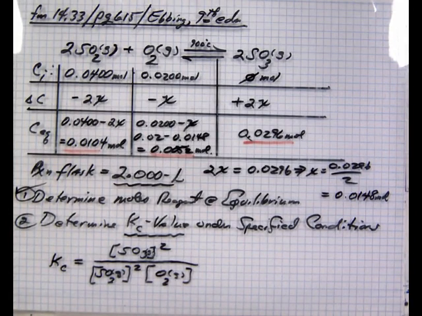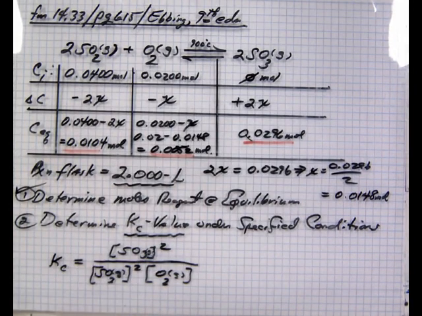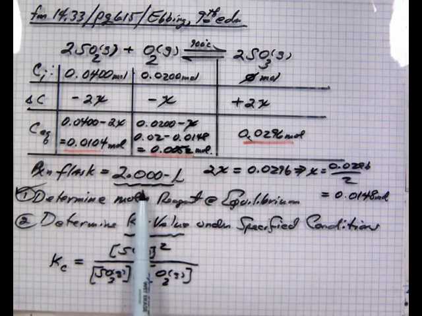The third row in our table, the underlined orange portions are not in moles per liter, they're in moles. So each one of these must be converted to molarity by dividing by the 2.